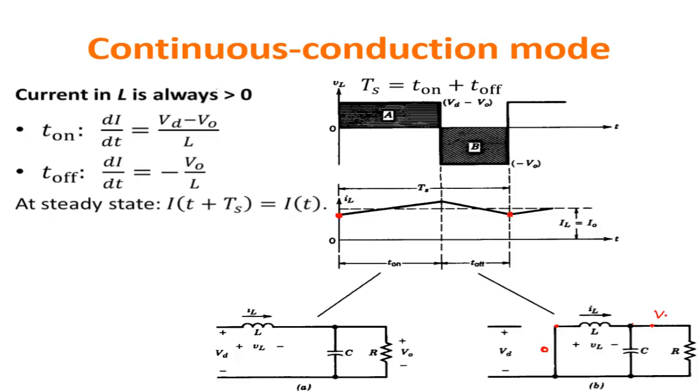So the voltage applied to the inductor is minus V0, and of course the current decreases in time with a constant slope, which is minus V0 over L. And this is the situation. And then the cycle starts again.